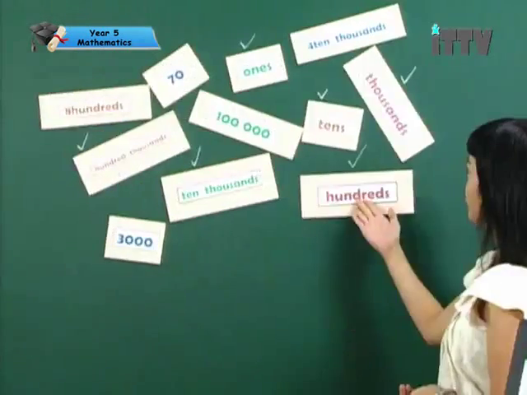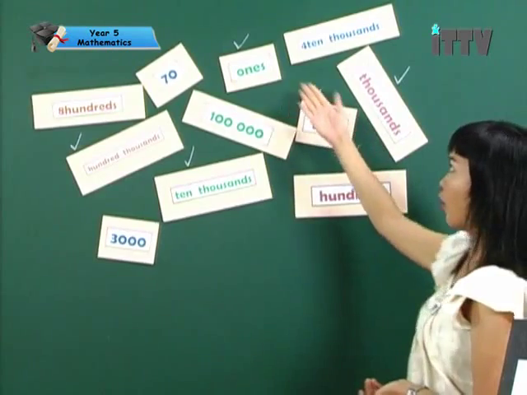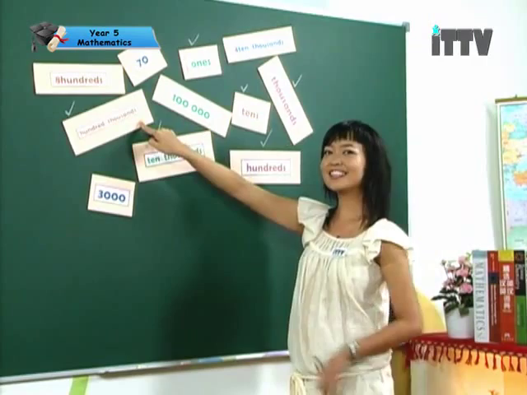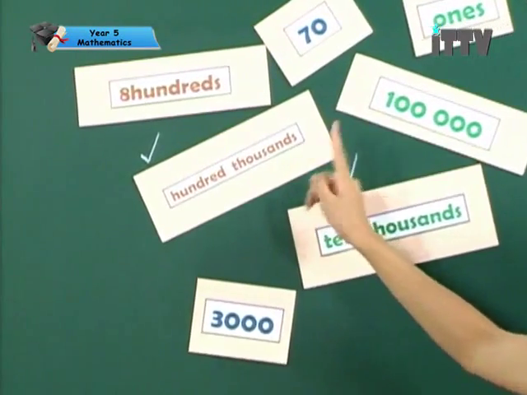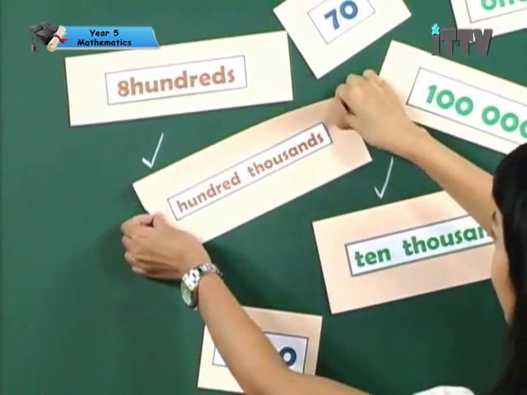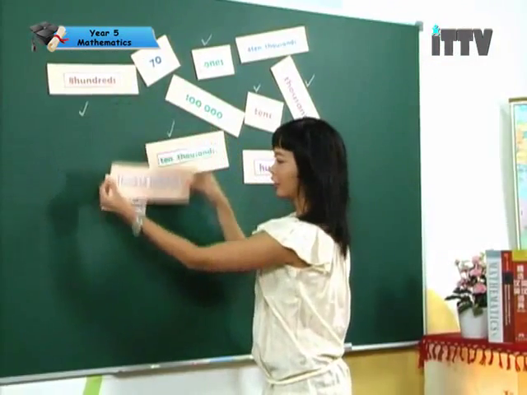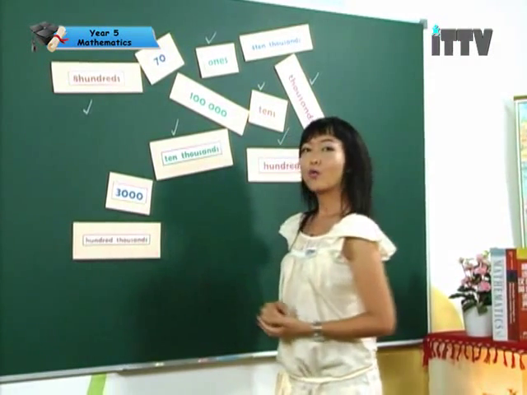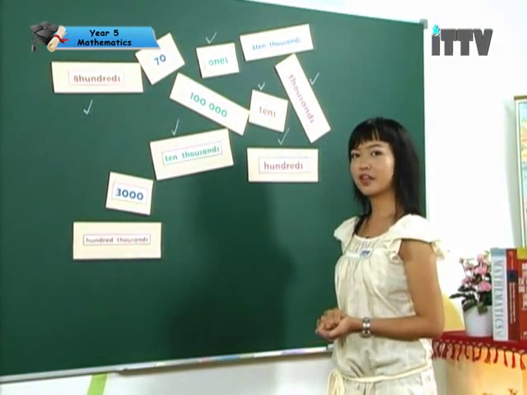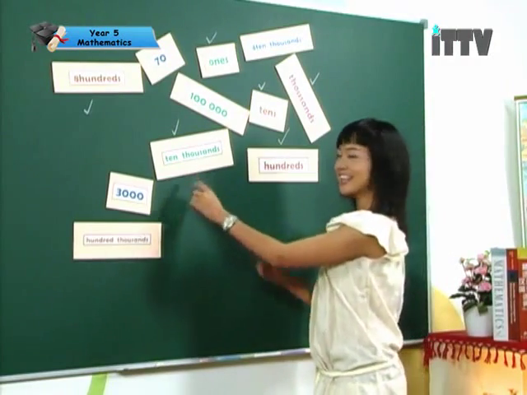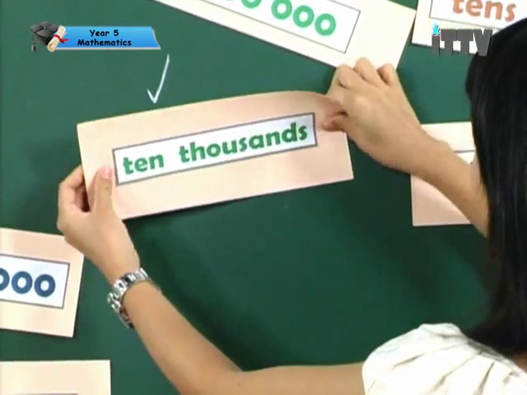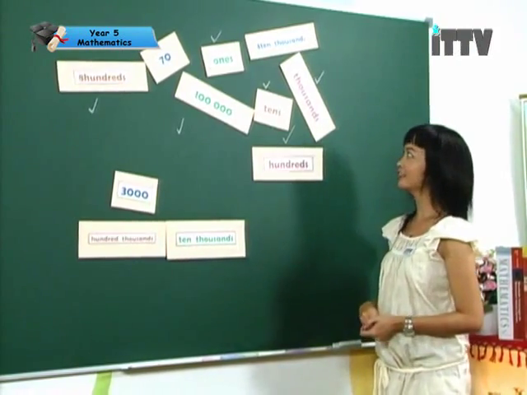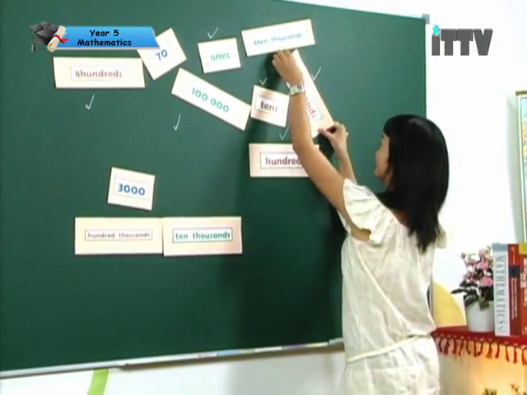100,000s, 10,000s, hundreds, thousands, tens, or ones? Ta-da! This is the largest place value. So we are going to start with this one. Let's take it right down and place it here. What is the next one? After 100,000s, we have 10,000s. That's correct. And after that, thousands.